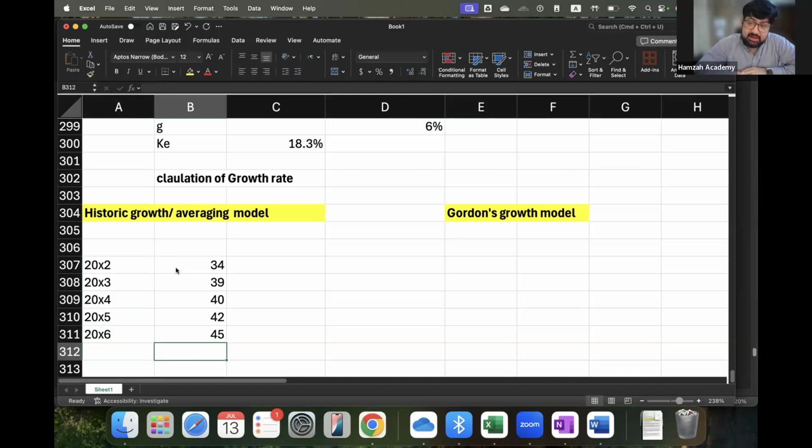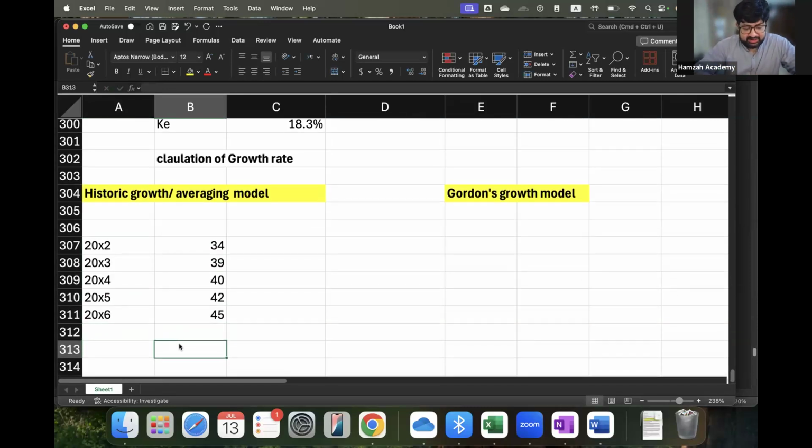The dividend paid by the company per share is as follows. Now we need to calculate the historic pattern to predict the future. So in the historic growth model, how can you calculate dividend growth? Latest dividend over oldest dividend.